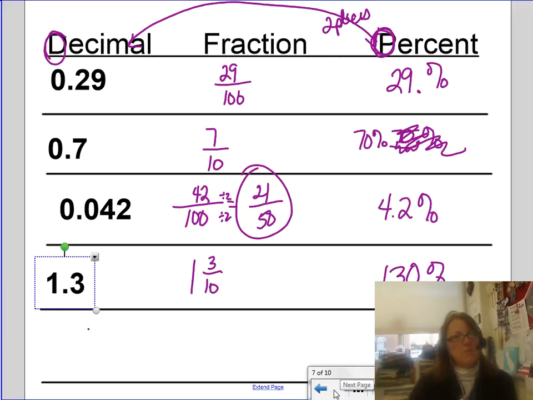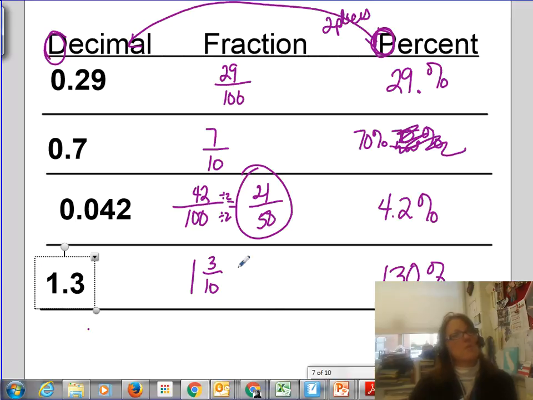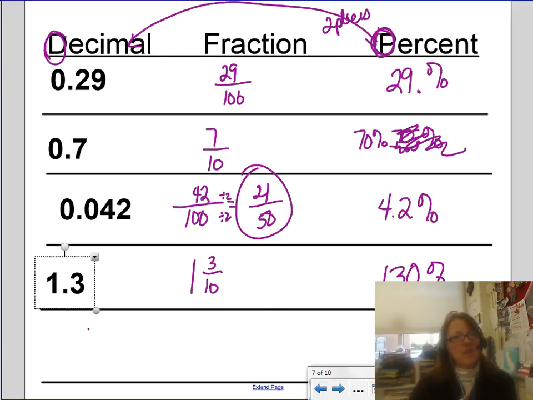So really, what you're doing is utilizing all these different representations of the same number, and then our goal is to work at comparing and ordering them.